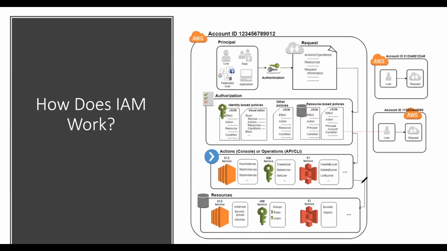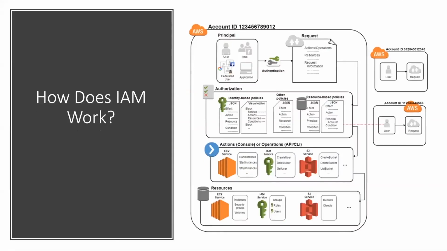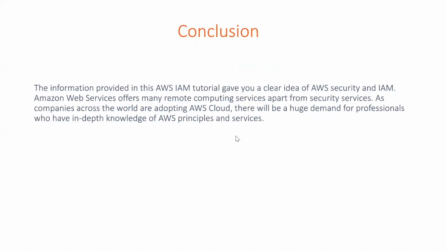Now going back to the slide. So if we conclude about what we learned today, IAM is a powerful service that gives you the ability to control which people and applications can access your AWS account at a very granular level.